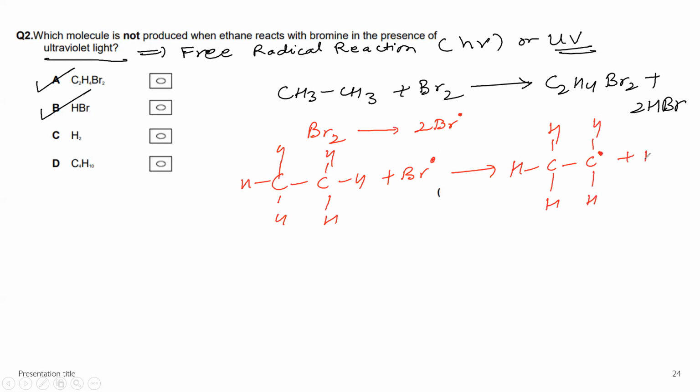So ethyl radical plus HBr. So this ethyl radical is formed. Now there will be many ethyl radicals in the reaction. It's not like there will be only one ethyl radical. So what can happen? This ethyl radical can combine among themselves like this plus one more molecule.